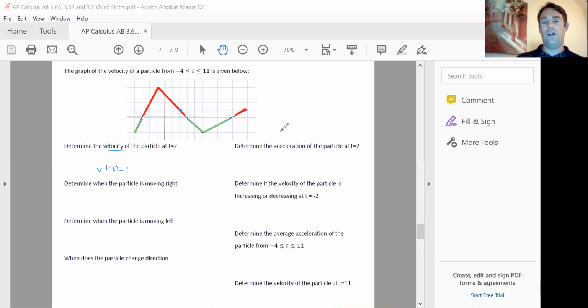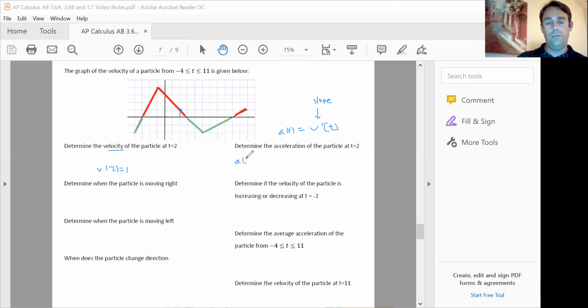Acceleration is the derivative of velocity. And remember, what are derivatives related to? They're related to slope. My acceleration is going to be the slope of that full line segment.